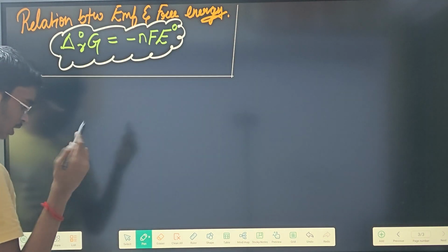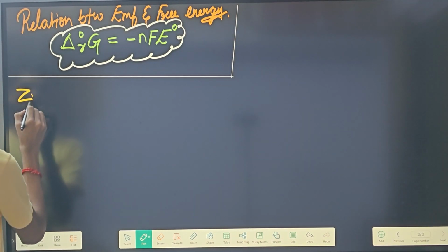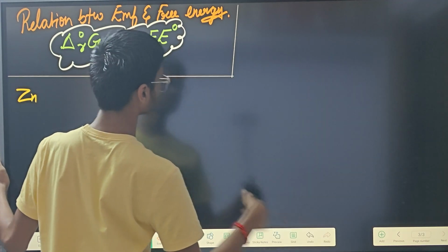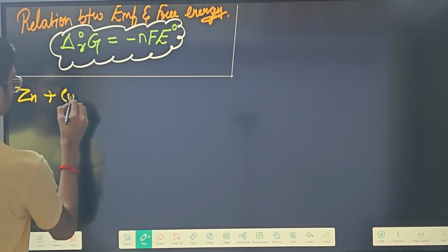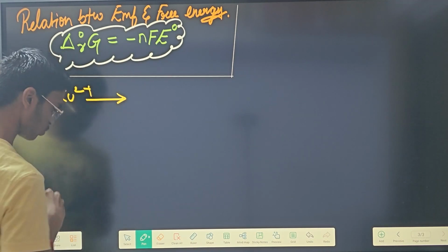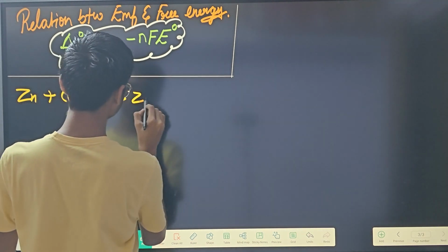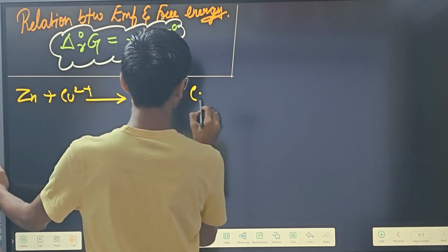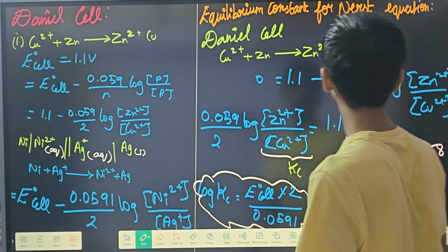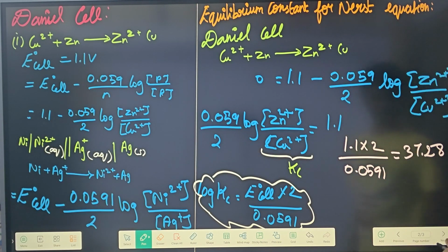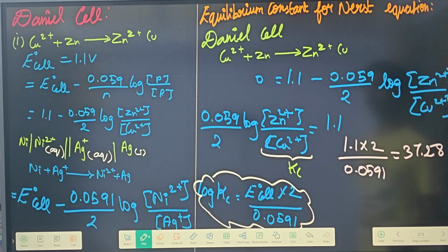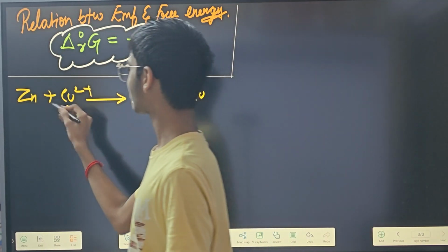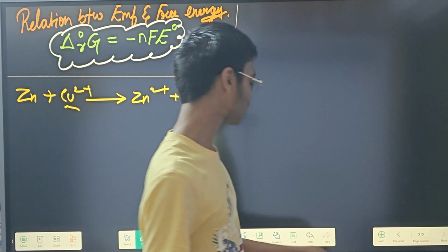So, I'm going to consider, is this not the Daniell equation? No, this is not. Zn and Cu2+ gives rise to Zn2+ and Cu. This is the Daniell cell, this is also the Daniell cell only. Since here Cu2+ is there, I got confused, sorry.